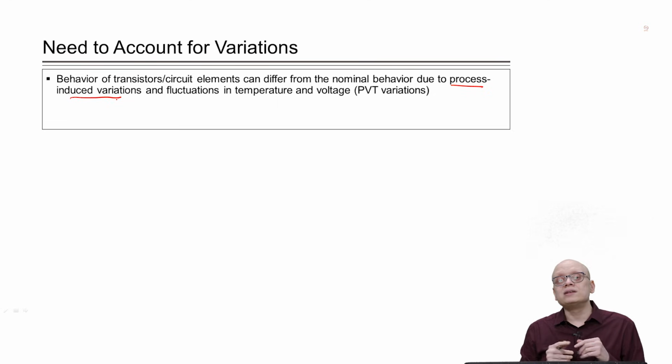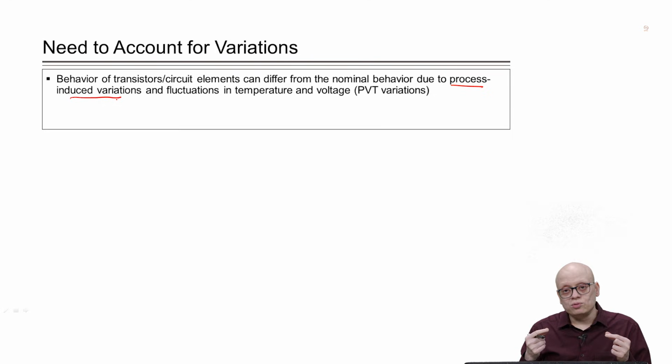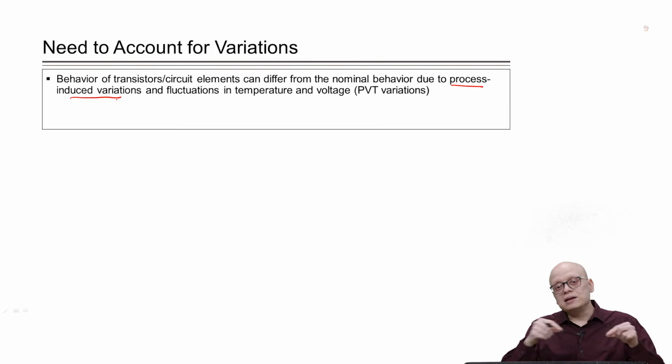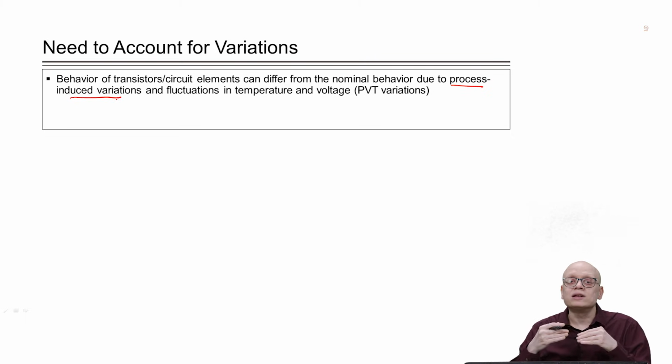We are fabricating a line which is expected to be of thickness 1 micron, and because of the randomness in the fabrication process, there was some finite difference in the thickness of that line or the wire or interconnect, and as such the property of the interconnect can change.